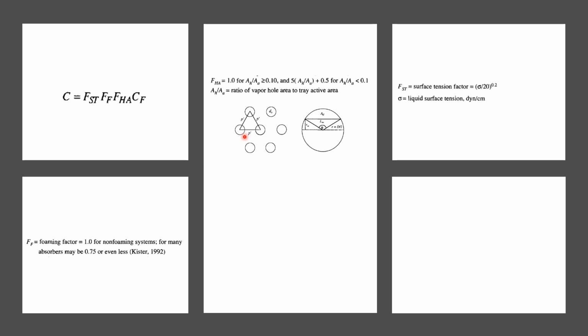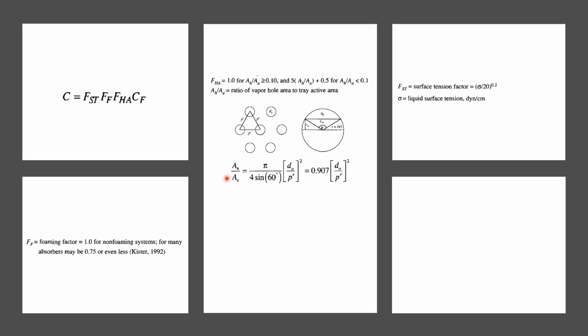This is very similar to the design of a shell and tube heat exchanger, where the tubes have different arrangements and specific pitch values for the space between the tubes. So we have P prime and we have d naught, and the ratio of hole area over active area. Remember, hole area is the total area of all of these holes.